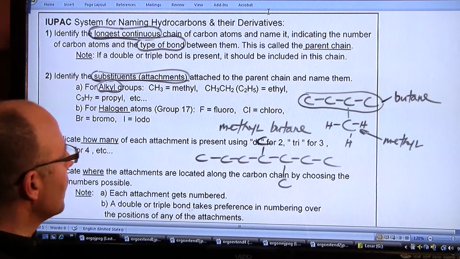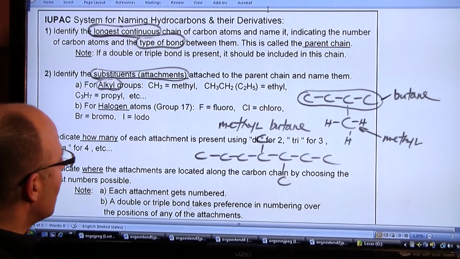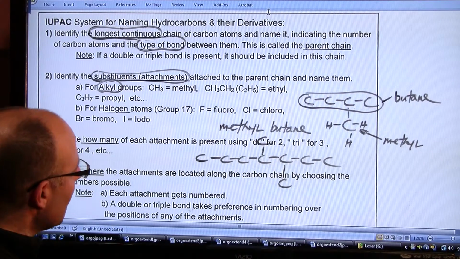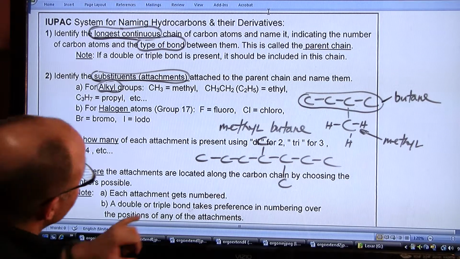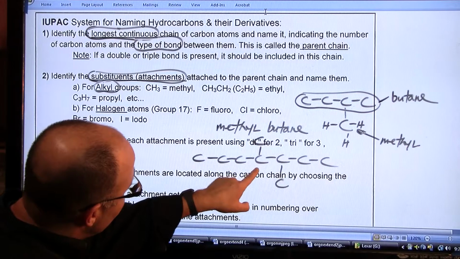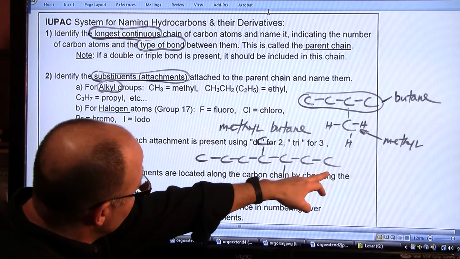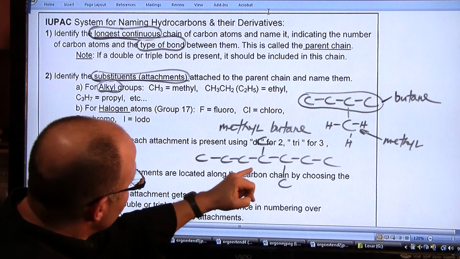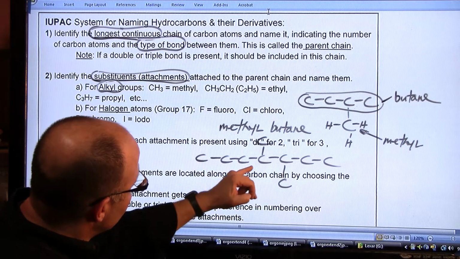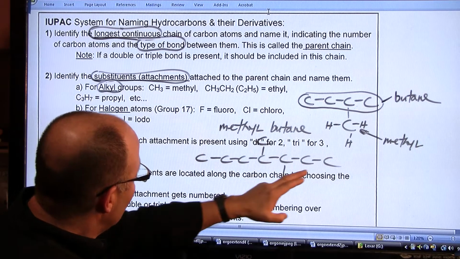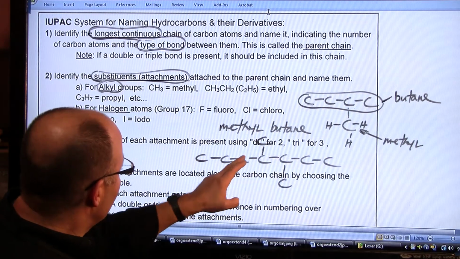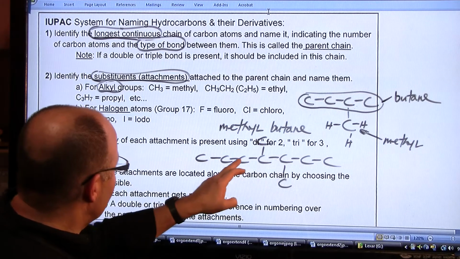Now, again, we're going to find the longest continuous chain as before. 1, 2, 3, 4, 5, 6, 7.